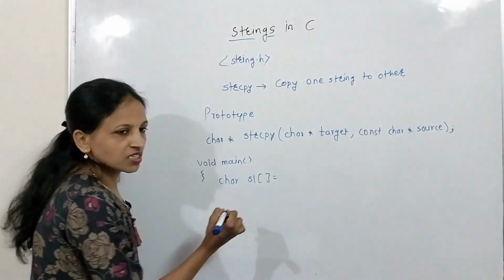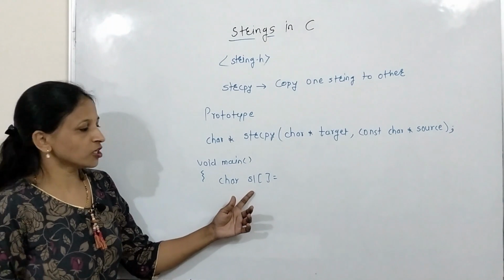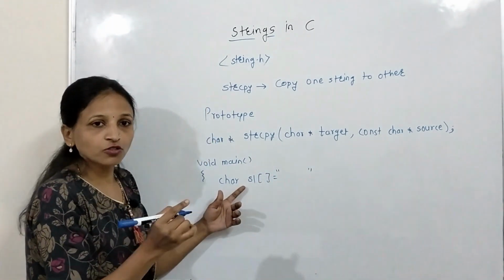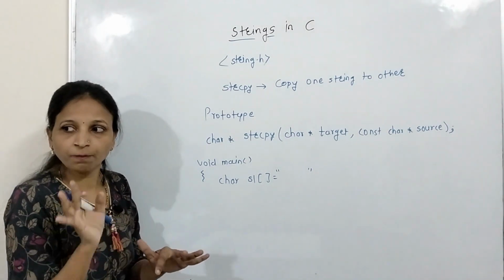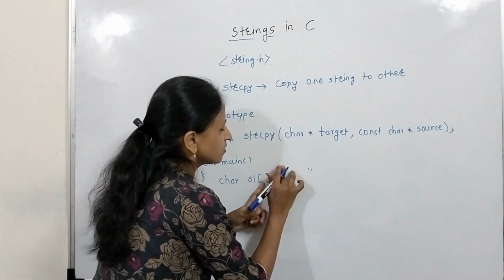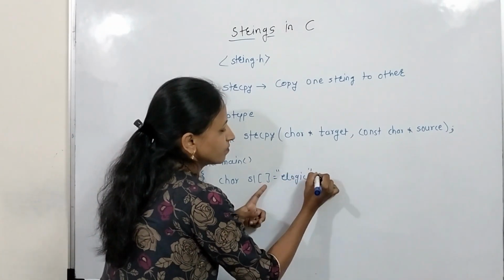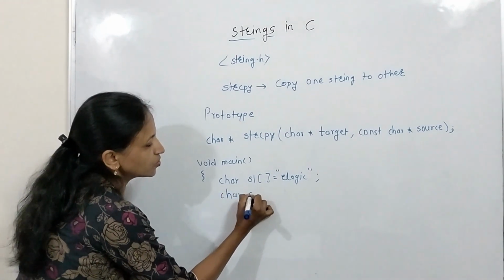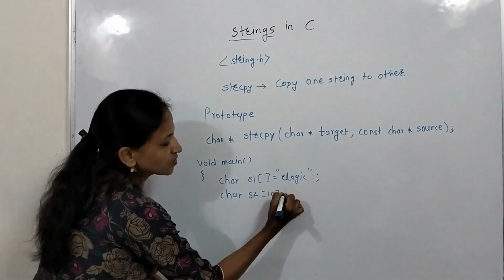I am not mentioning the size here, no problem, because I am assigning a value. If you want to accept that string from the user, then you must mention the size. Here I am writing eLogic. This is a string. There is one more character array s2 having size 10, suppose.